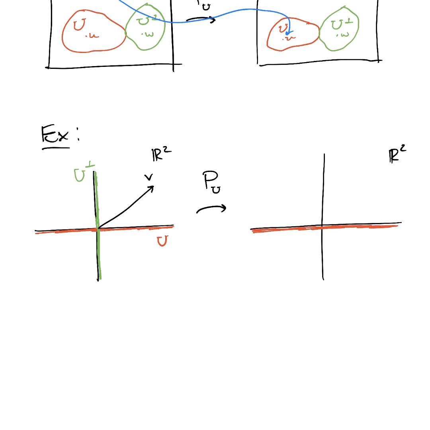So there's U again. And here's U perp again. And now imagine how this works in this concrete example.